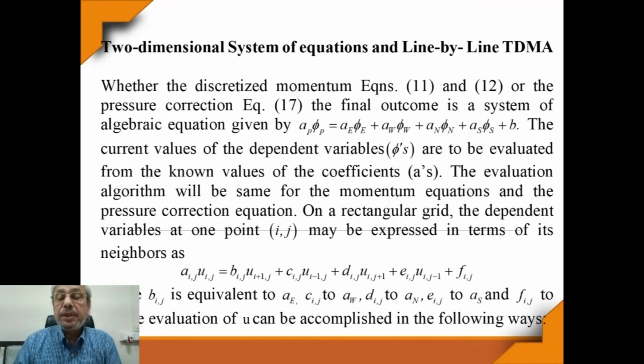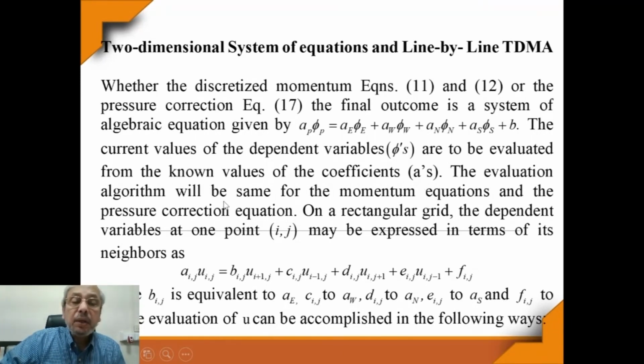Same is the style of expressing the V momentum equation and the pressure equation. Always we get them in terms of neighboring variables and their coefficients. The current value of the dependent variables, phi, which may be u, v, or p, is to be evaluated from the known values of coefficients.